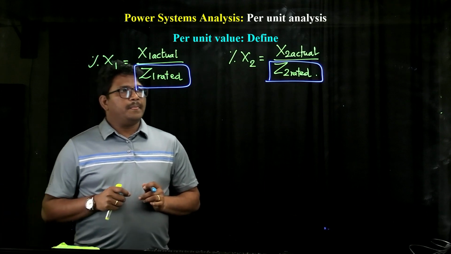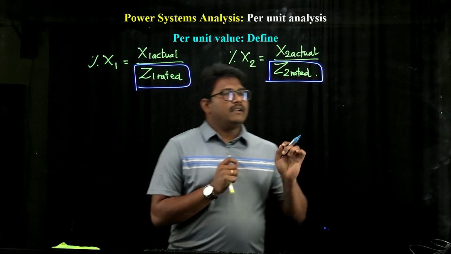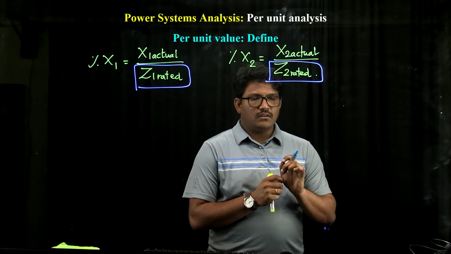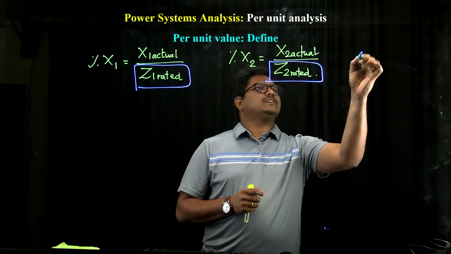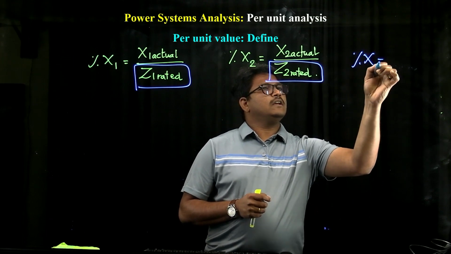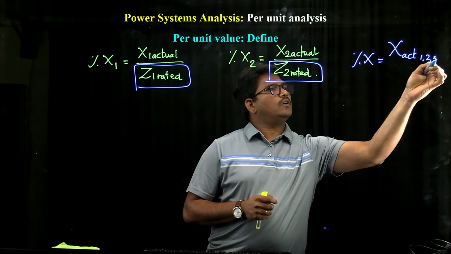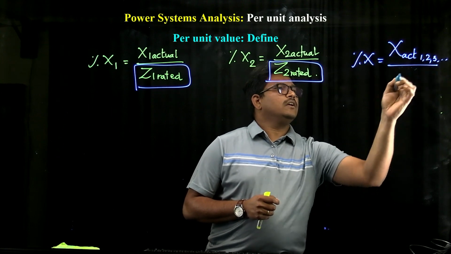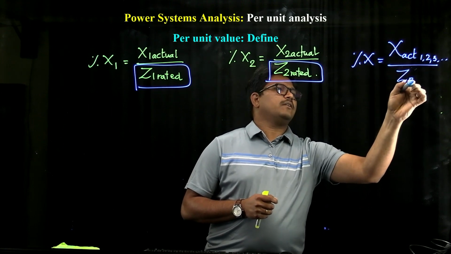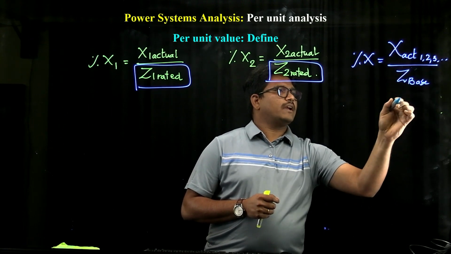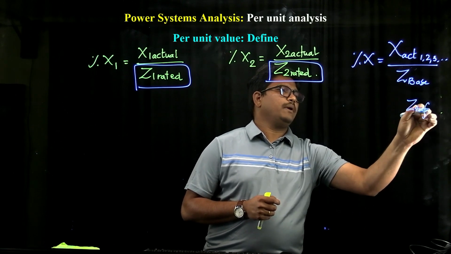So the fundamental expression that you expect for the percentage reactance is X actual, maybe 1 or 2 or 3 or whatever it is, but you will have your Z base, or you can say your Z reference, to be single.